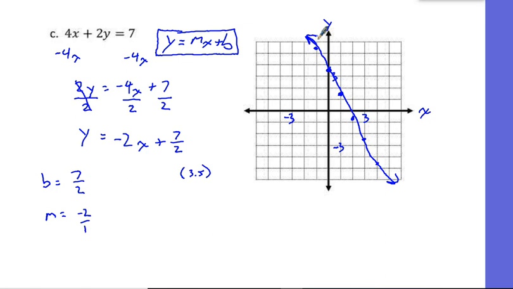I did better freehanding earlier lines than this one, but you get the idea.